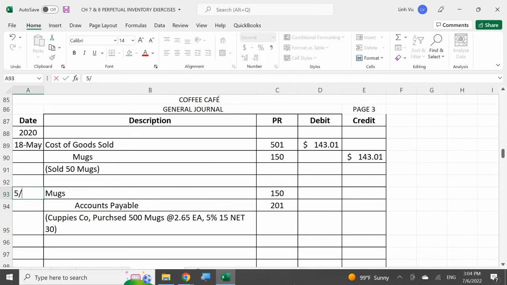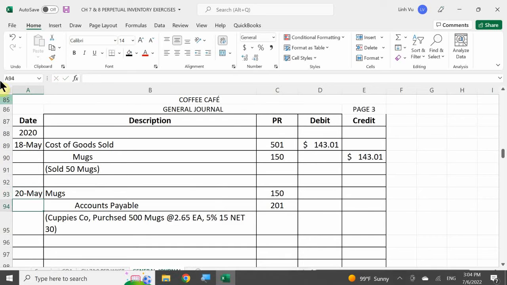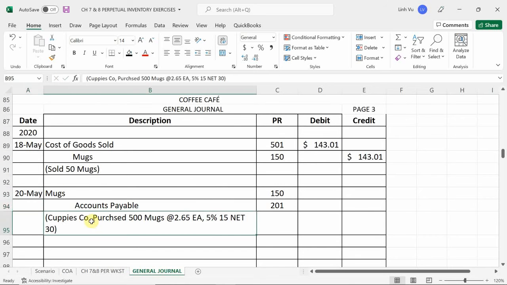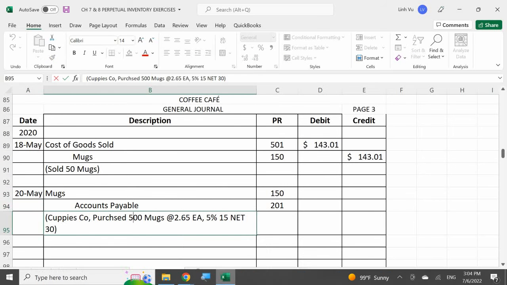It is May 20th. Here we purchased from Cuppies Co. This time we purchased 400 units at $2.80 each with a freight of $80.